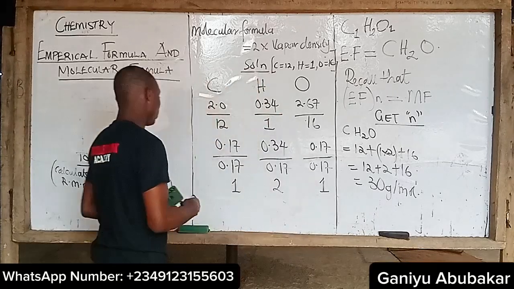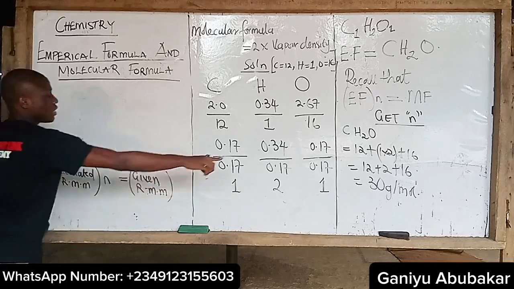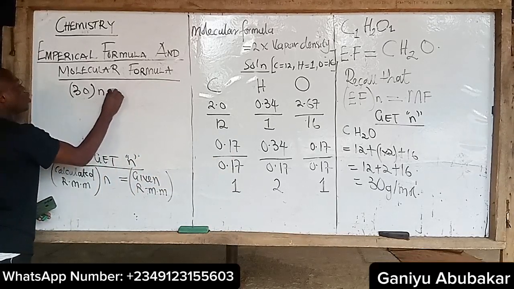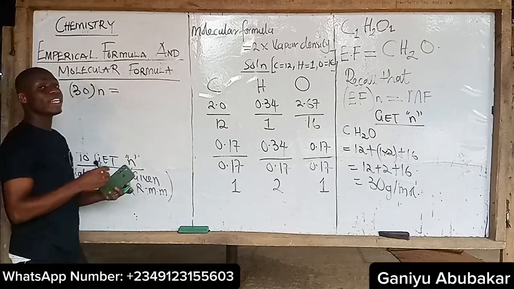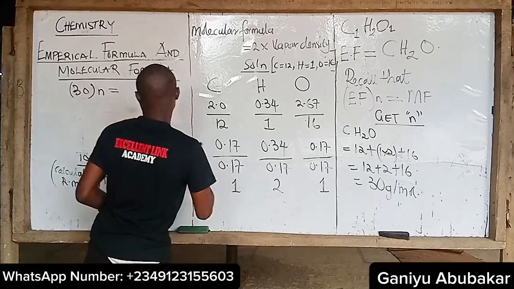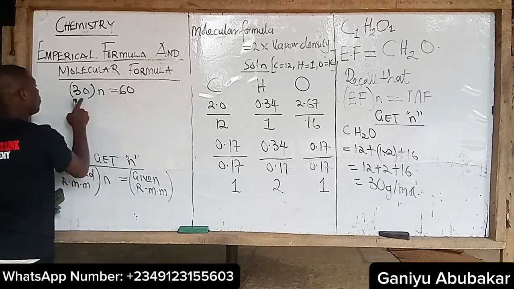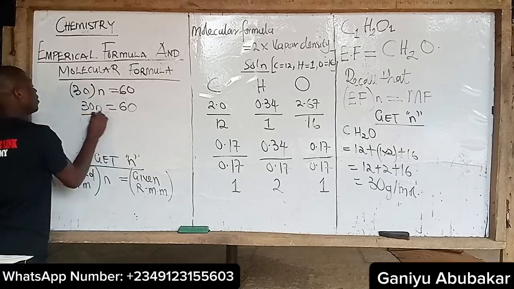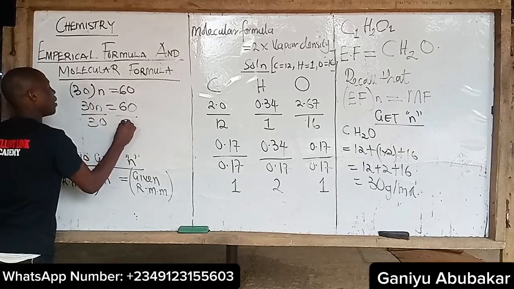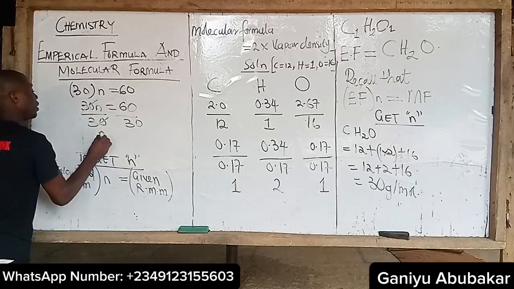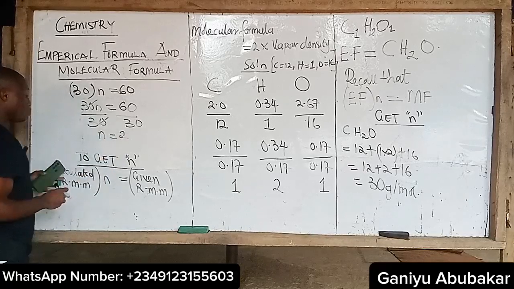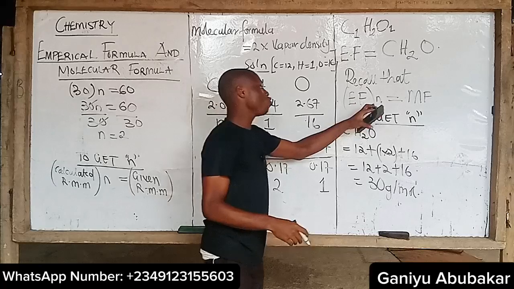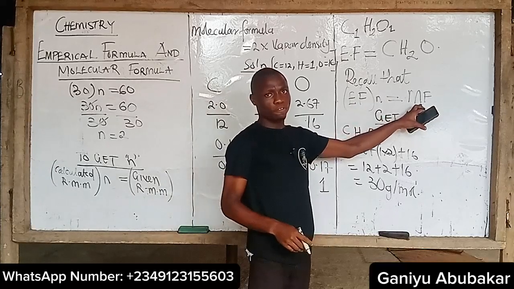So 30n is equal to 60. Dividing 60 by 30, n is equal to 2. So my n is 2. I'll put 2 here to get the molecular formula.